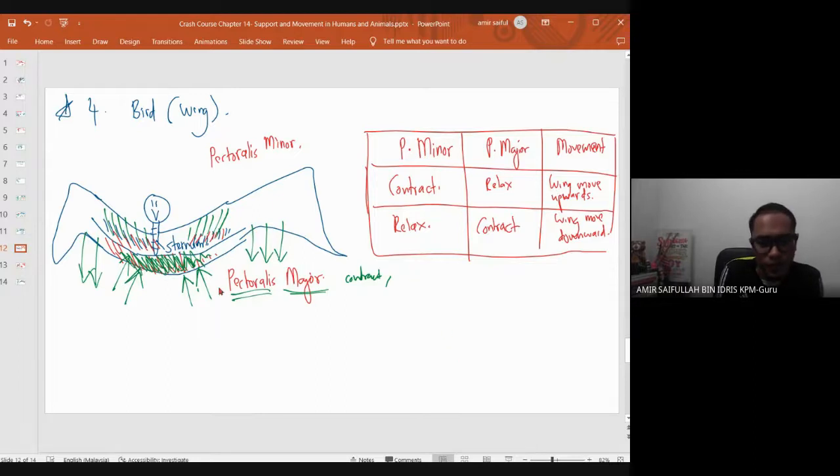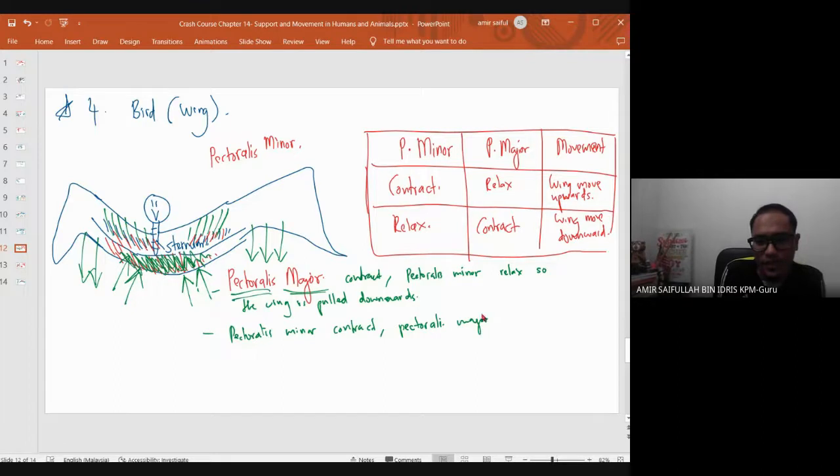So you write: pectoralis major contracts, pectoralis minor relaxes, so the wing is pulled downward. Now when pectoralis minor contracts, pectoralis major will relax.